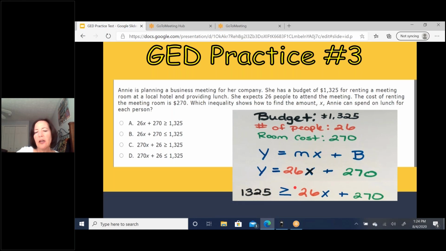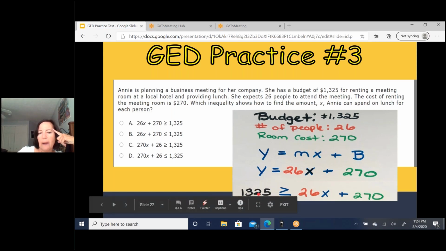So I have to say to myself, the total that I'm spending, can that be more than the cost? Or can the total amount I spend, should that be less than the total cost? Or the total amount that I spend on the right side, should that be more than the total cost? So you can see I have a greater than or equal to sign here.